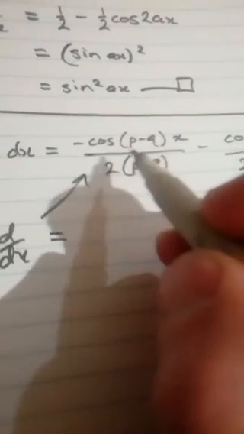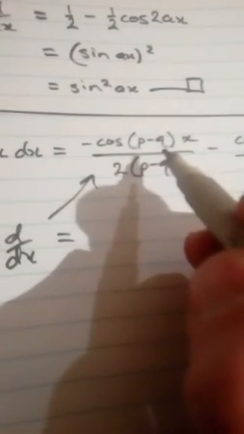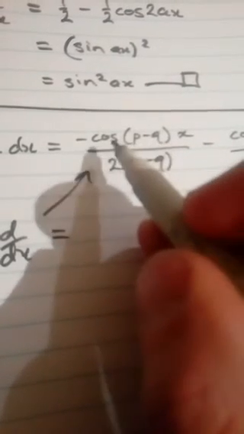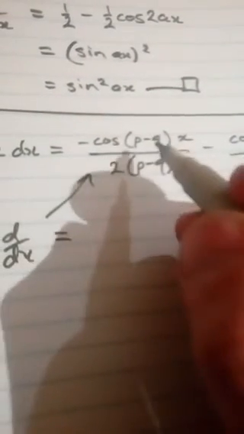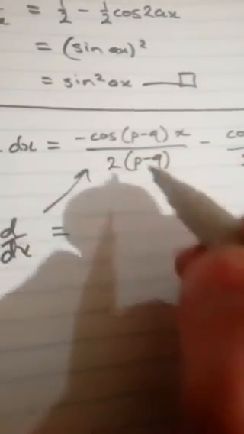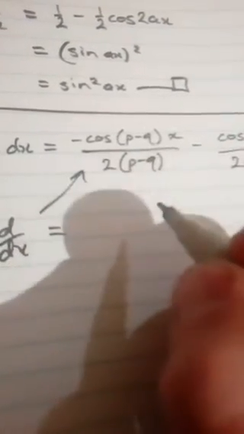Okay, so we're going to derive this. So d/dx of that, let's derive the top. The derivative of minus cos x is sine. So that's going to be sine of this x, and that's going to come out the front as well, because that's the constant of derivation. So p minus q and p minus q cancel.